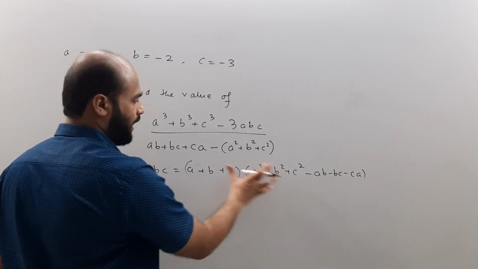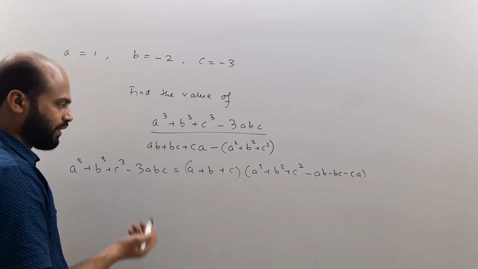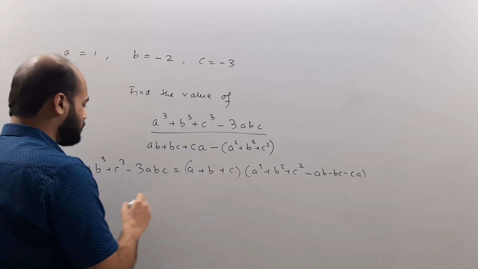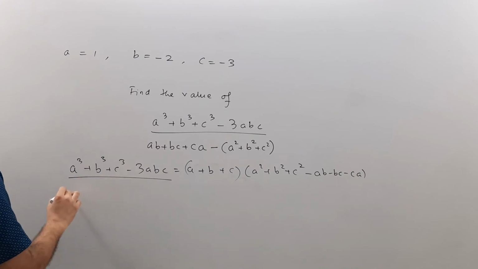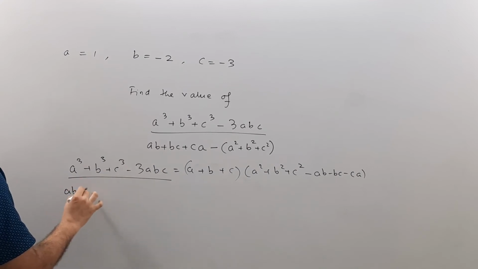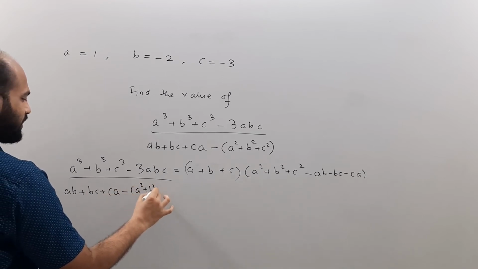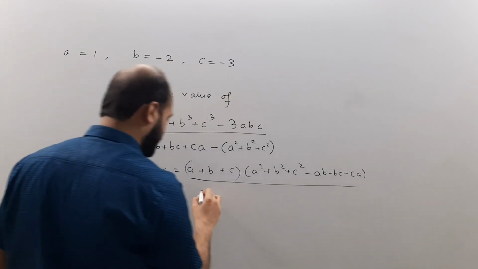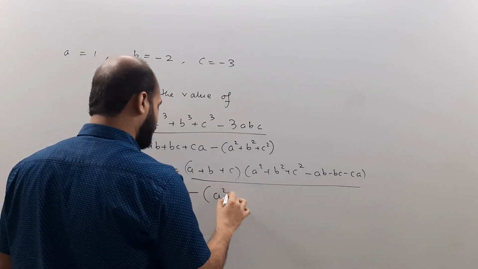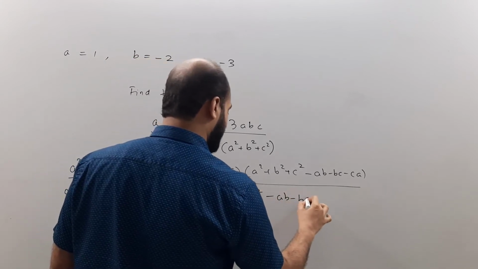This term we have in the denominator, the same term, but it is the negative. So the denominator ab plus bc plus ca minus a square plus b square plus c square could be written also as minus of a square plus b square plus c square minus ab minus bc minus ca.